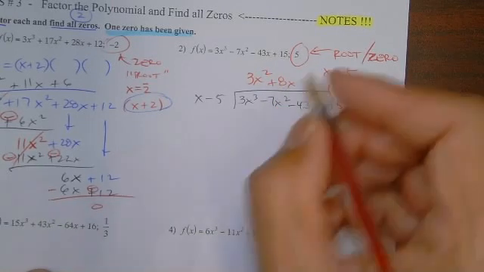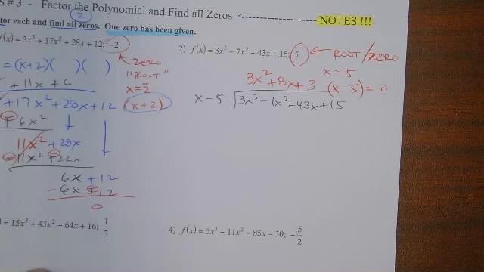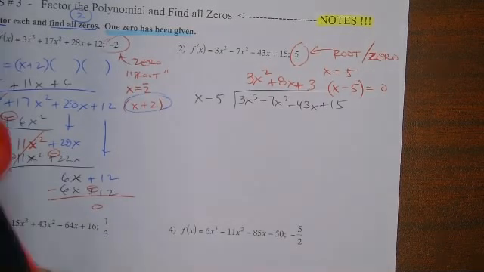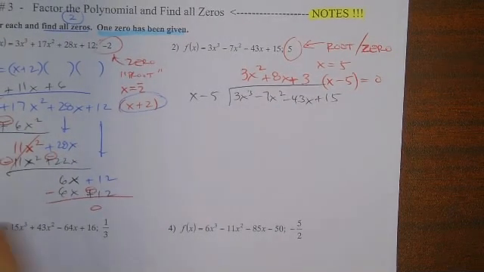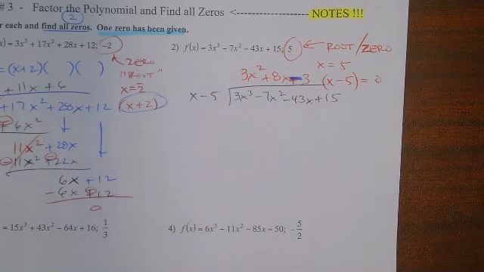Okay, so 3x squared plus 8x plus 3. No, I don't think that's right. Anybody got something else? 3x squared plus 8x minus 3. Minus 3? Oh, yeah, okay. I knew it's not going to work with a plus. Okay, so it's minus 3?